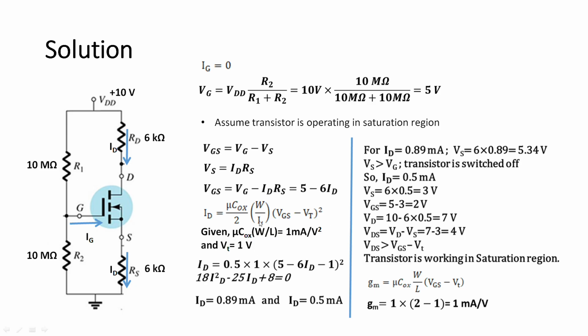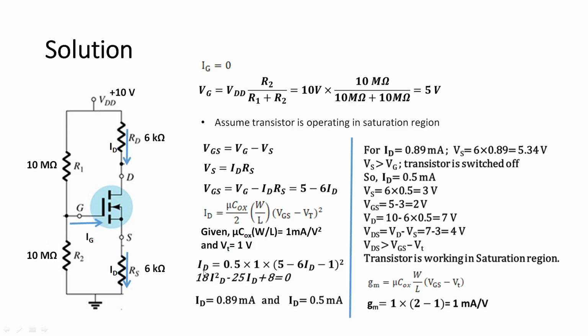And as this transistor is working in saturation region, ID equals mu Cox by 2 into W by L into VGS minus VT whole square, and channel length modulation effect is neglected. In the numerical, mu Cox W by L equals 1 milliampere per volt square and threshold voltage is 1 volt.